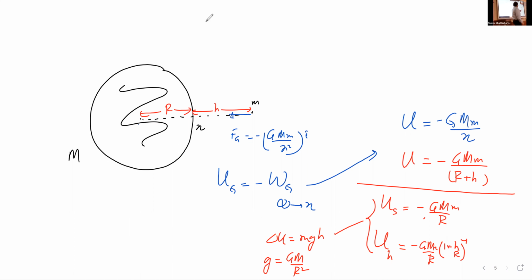But if, for example, h is large compared to r, like h is half of r or 2/3 or even double of r, then we cannot do this binomial approximation. So then this formula does not apply. Are you understanding the point? So that's the difference between these two. Anyway, we will let this be. So that's done.